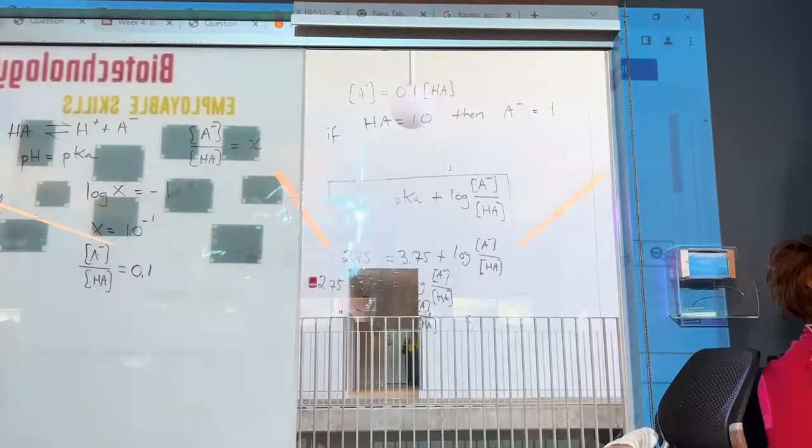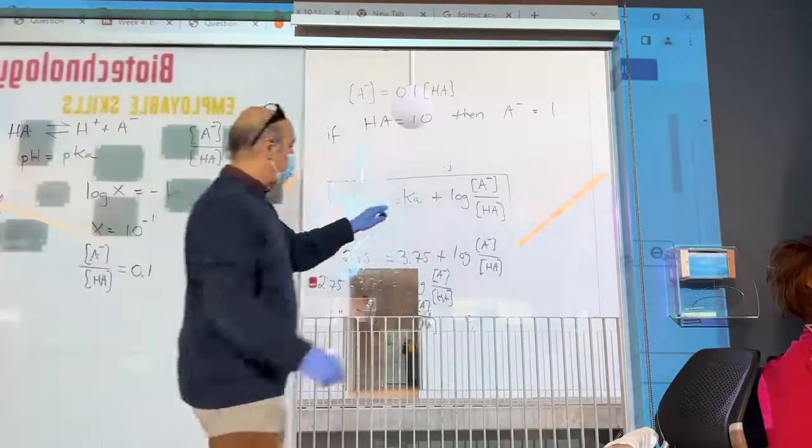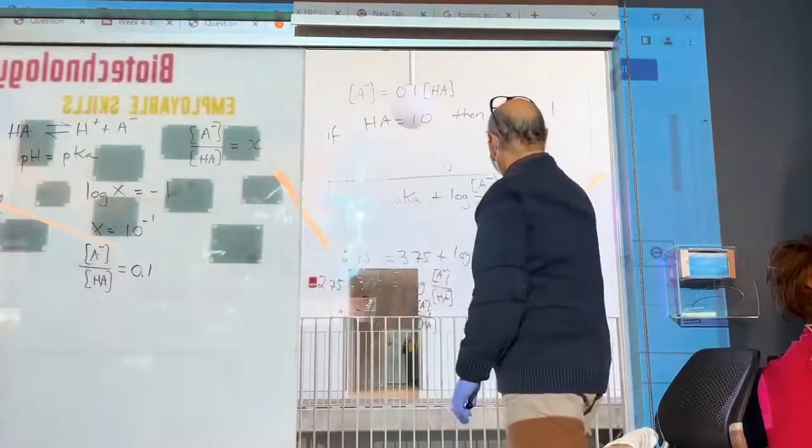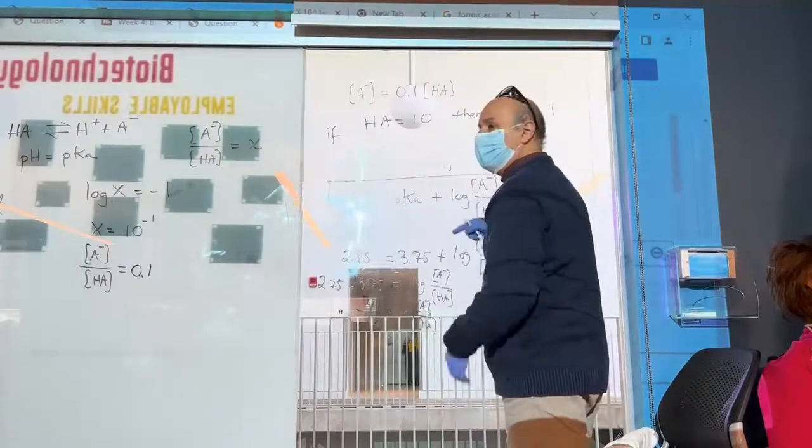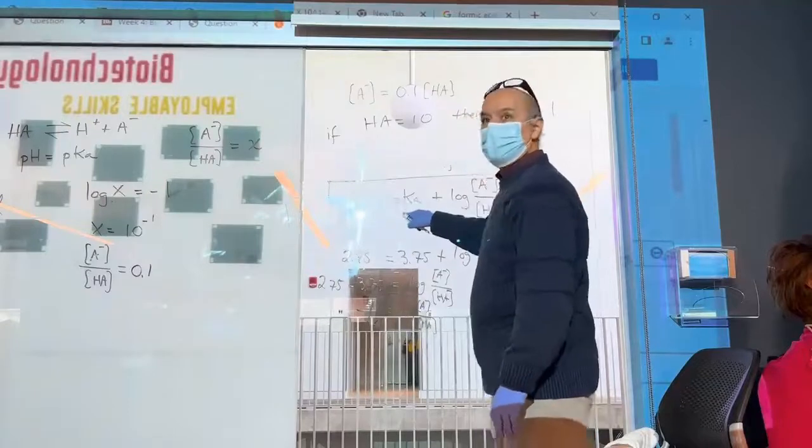If I put here 3.75 and do the numbers, because of what I just said, when the pH equals the pKa, this ratio equals 1. And that comes from Henderson-Hasselbalch. If the concentration of that is the same as that, 1 divided by 1 is 1, log of 1 is 0, so the pH equals the pKa.